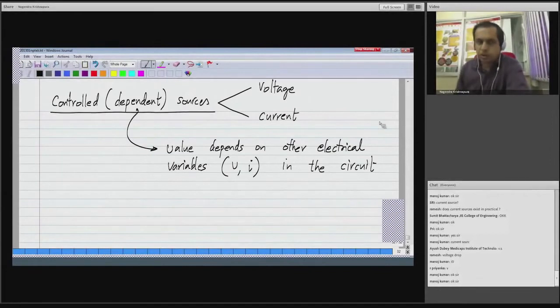Now, based on what kind of source it is and what it is dependent on, we have four types of controlled sources.